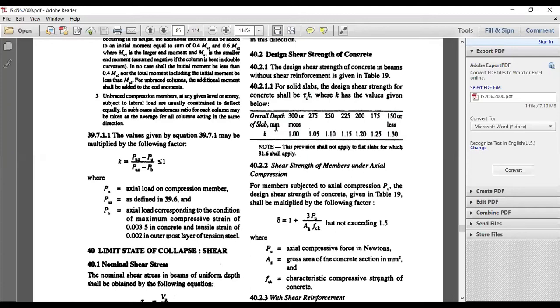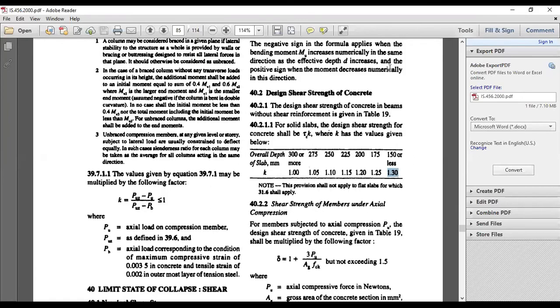So 150 or less overall depth. What is the overall depth? They have said overall depth, not effective depth. Remember this. What is the overall depth of our slab? I think it is 135 or something. The overall depth we have provided is less than 150. So what is the value? 1.3. So we have used 1.3 as the value of K here.